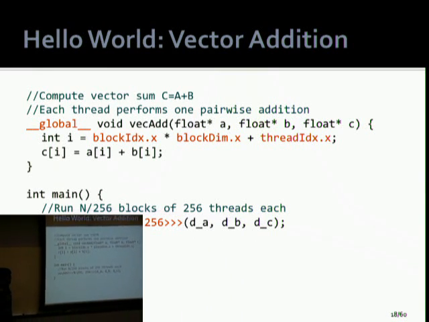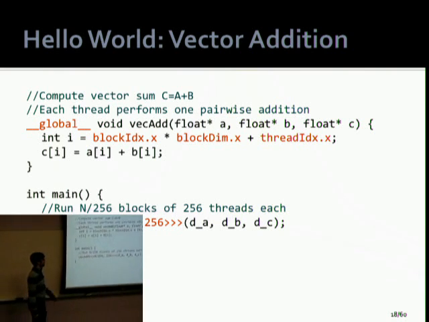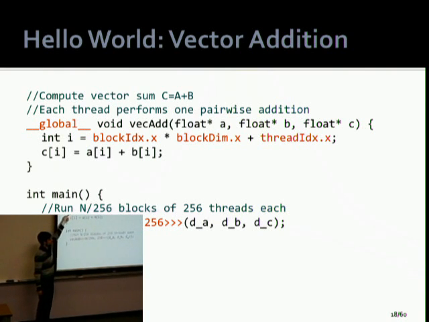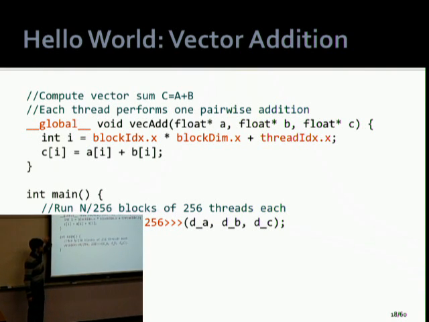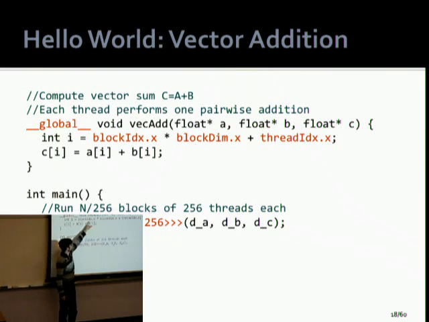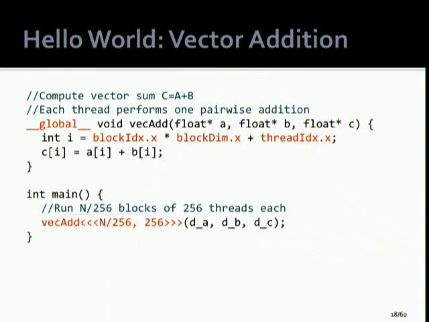The first thing that we do in this function is we figure out which thread we are. We do that by looking up what the index is of our thread block, and we multiply it by the dimensionality of our thread block, and then we add our thread index within the block to come up with our global thread ID.